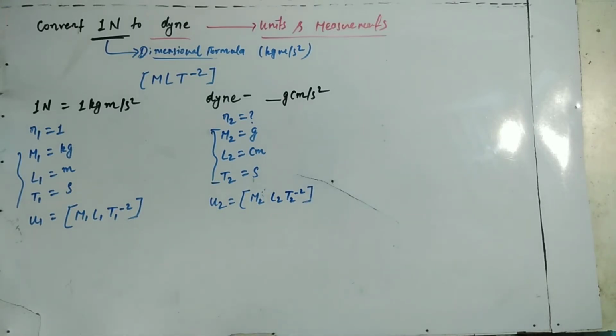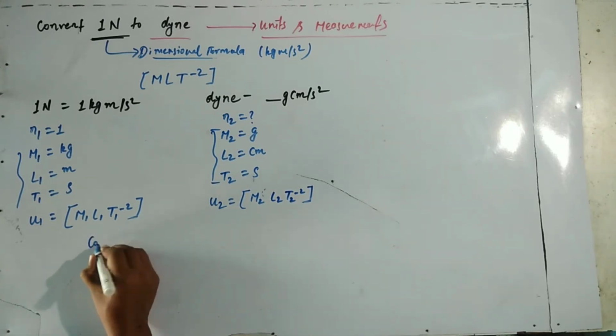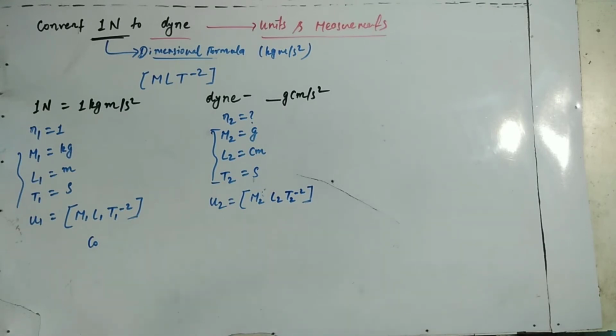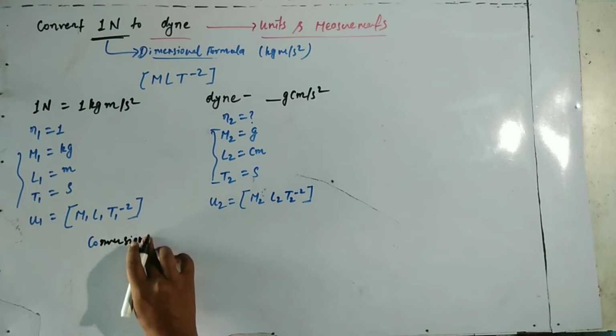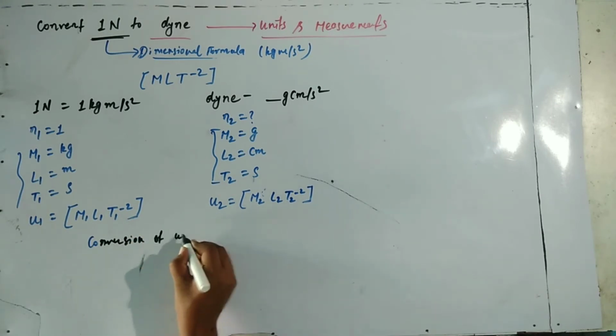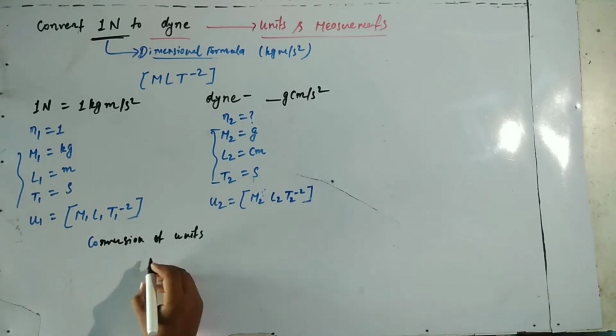Now we put the values N1, U1, U2 in the equation of unit conversion, N1 U1 equals N2 U2.